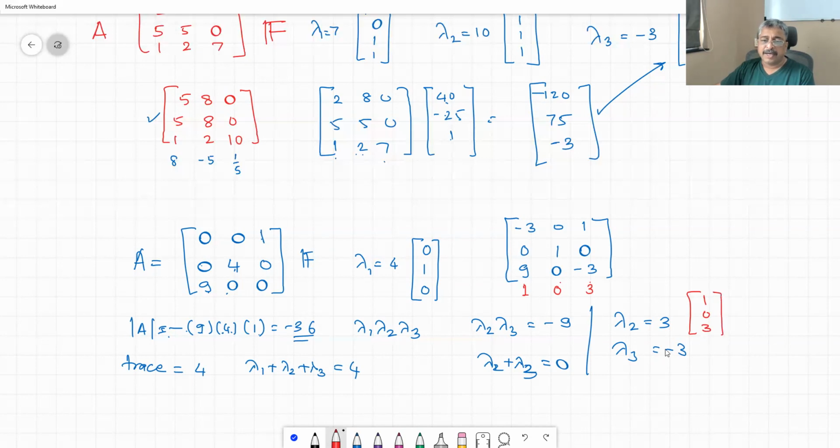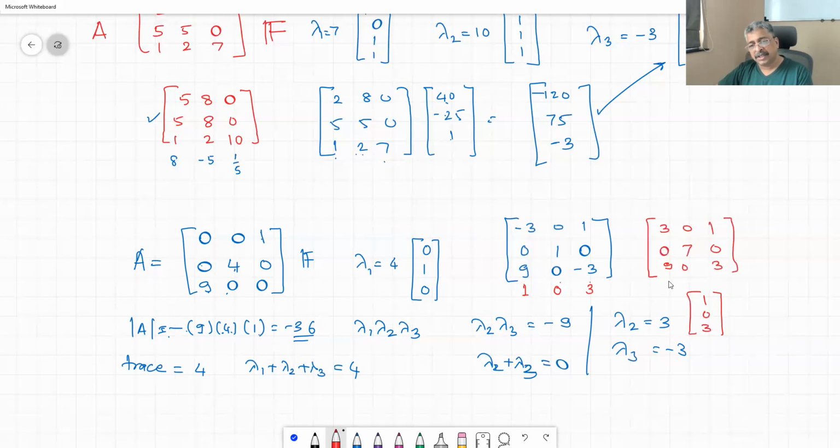Okay. And if your lambda value is minus 3, then the entries would become 0 minus minus 3 is 3, 0, 1, 0, 7, 0 and 9, 0, 3. Okay.